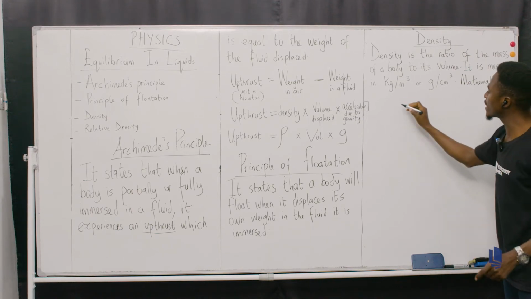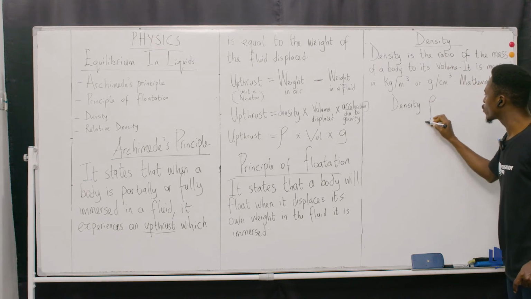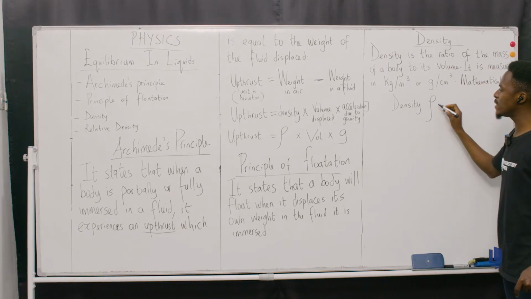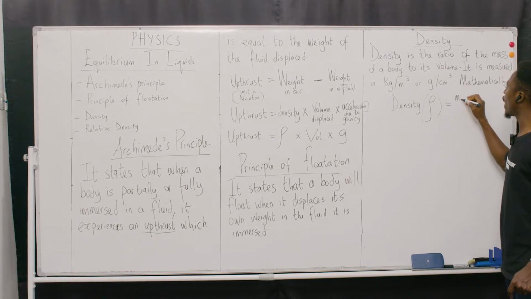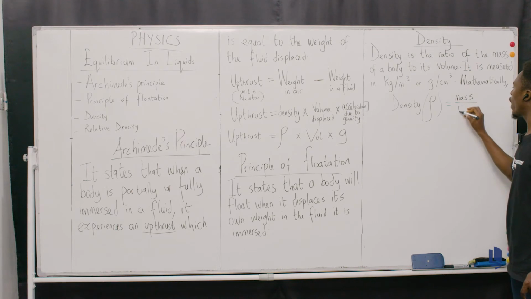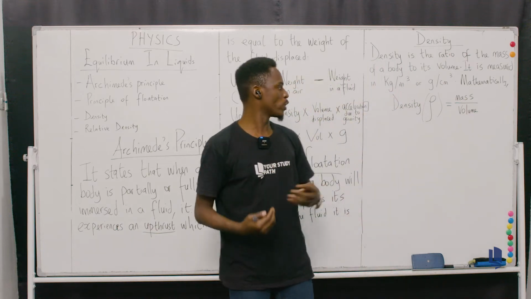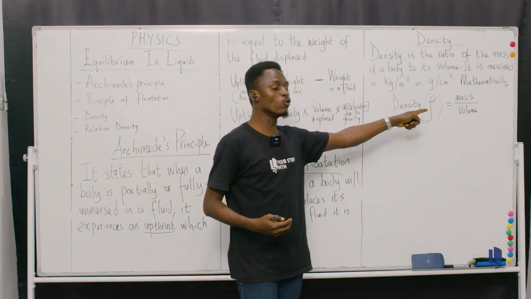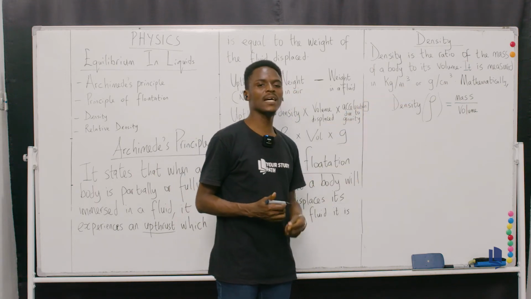Mathematically, we can say that density, denoted by rho, is equal to mass over volume. The unit of mass being kilogram, and the unit of volume being meter cube. So, kilogram per meter cube.